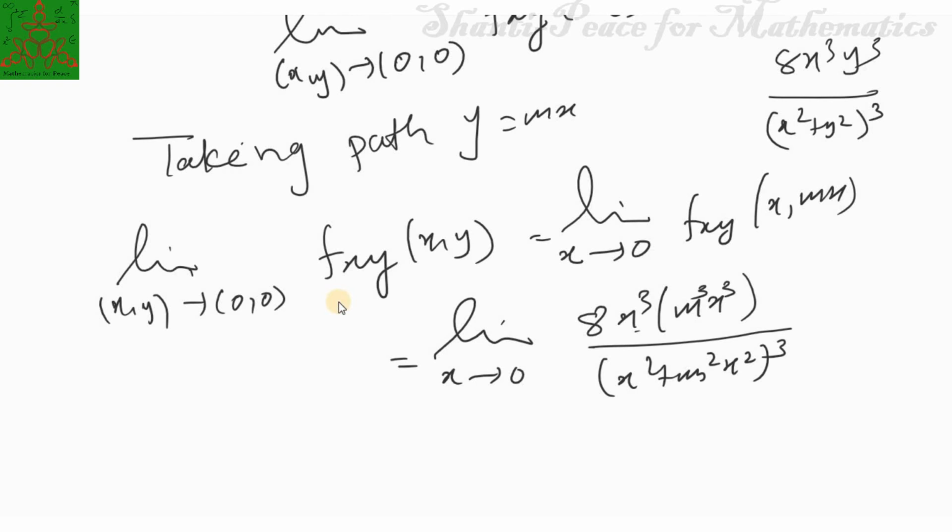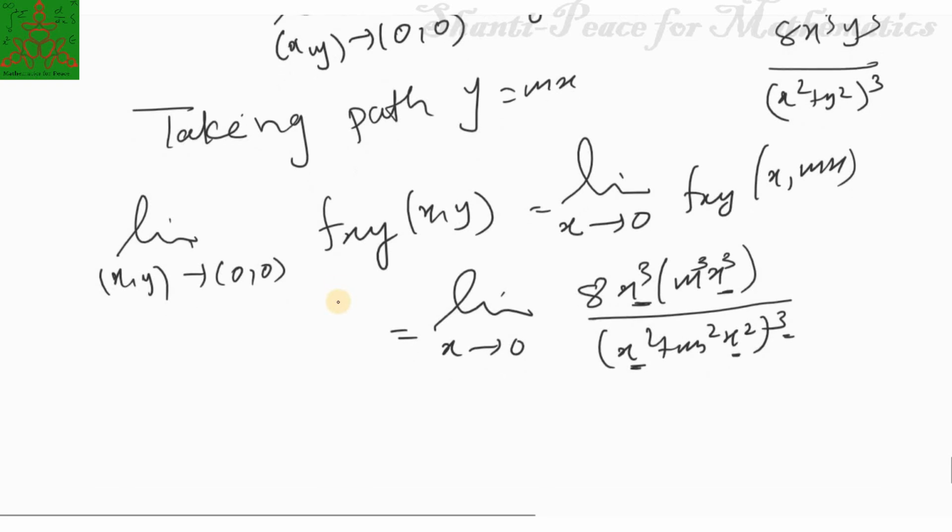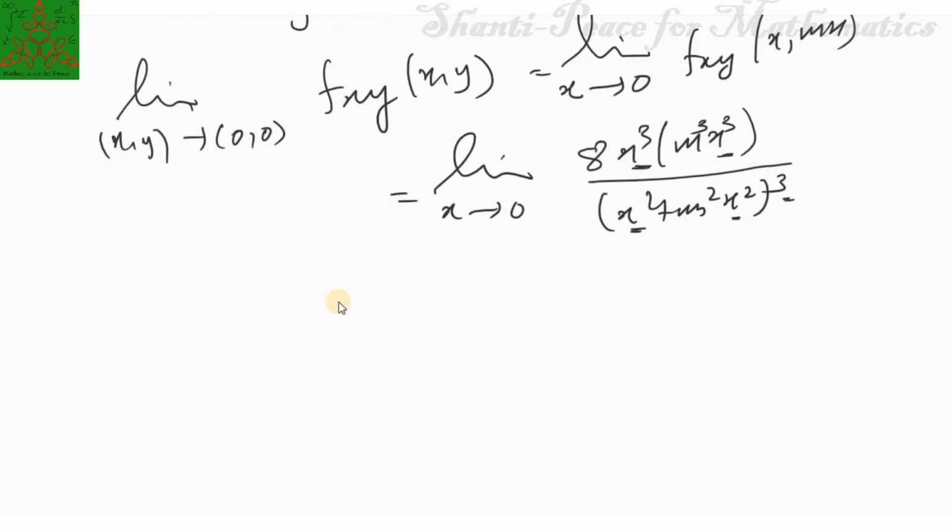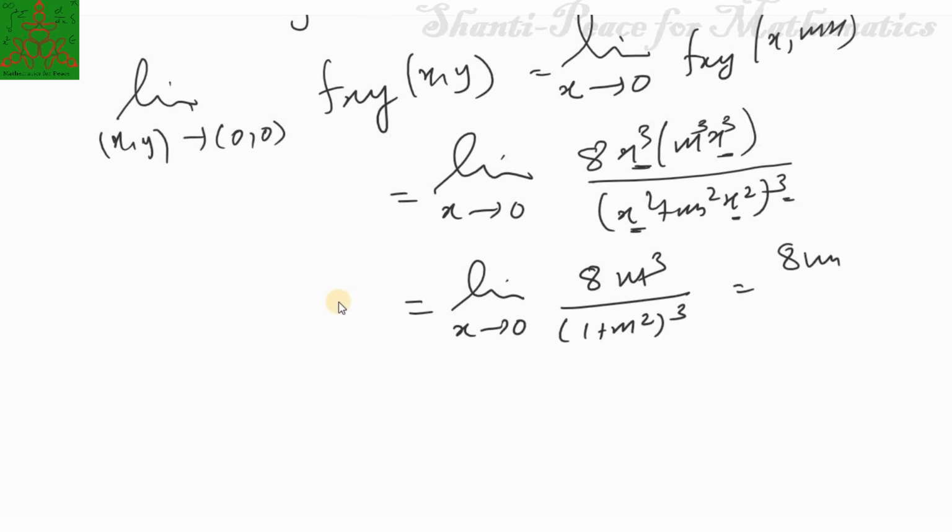In the numerator x power 6 is common, and in the denominator is also x square to the power 3, so x power 6 is common. That cancels in the numerator and the denominator. So finally you will have the limit as x tends to 0 of 8m cube upon 1 plus m square whole cube. And this depends on m. So hence the limit is not unique.